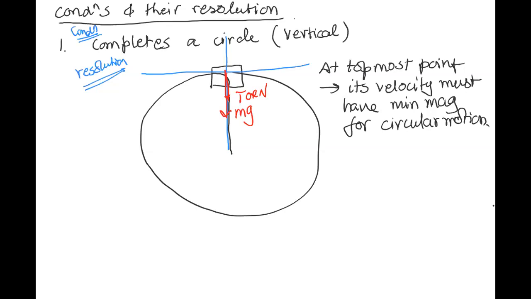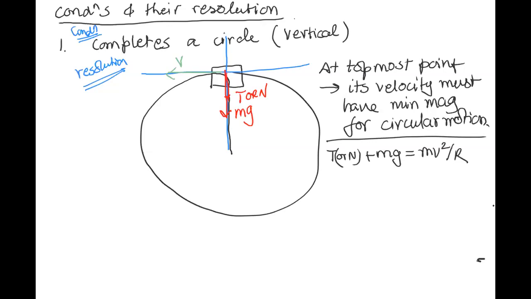If it is there, tension would be there due to a string. And therefore, the equation for the circular motion that you would write down, if the speed at the topmost point is v, then the equation that we will write down will be T or N plus mg is equal to mv square by r.